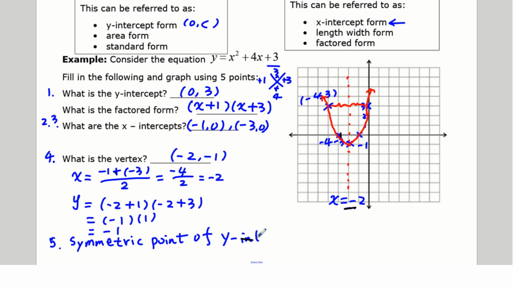And for that point, the y value is the same as the y-intercept, 3, and the x value is double the x coordinate of the vertex.